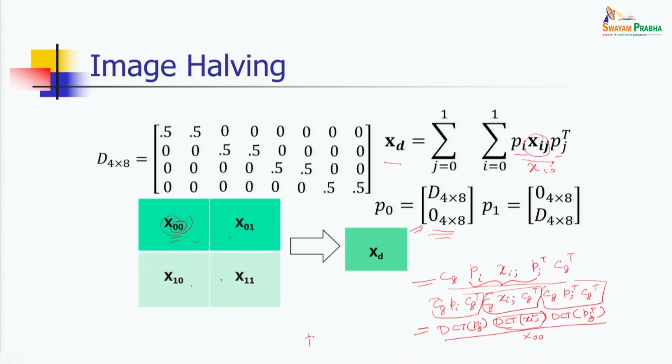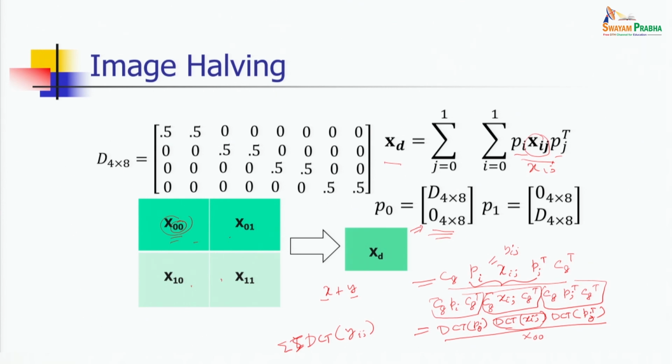What you will get is the result of these operations. If I write it as yij, this is the result you get, DCT of yij. And since there is a summation, I will simply take the sum, because if I have a variable x plus y, then DCT of x plus DCT of y will be the result; that linearity is also there.